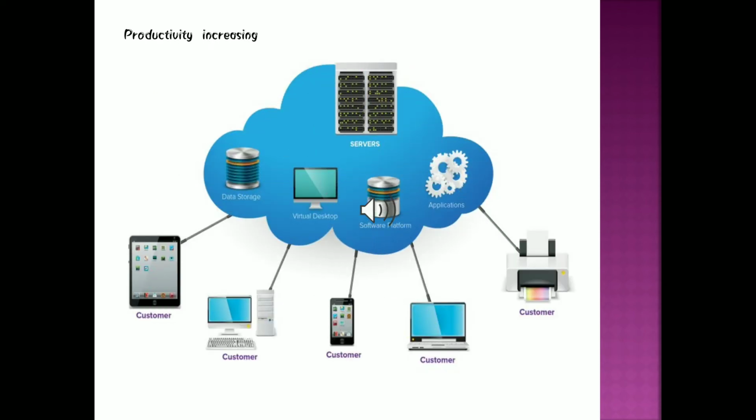I will show this slide. I have the manual imaging concept of increasing productivity for the client and server process. For example, customers in different areas and different weather, and also printers, PCs, mobiles, smartphones and all wireless communication systems.